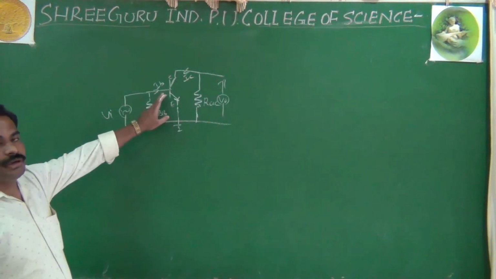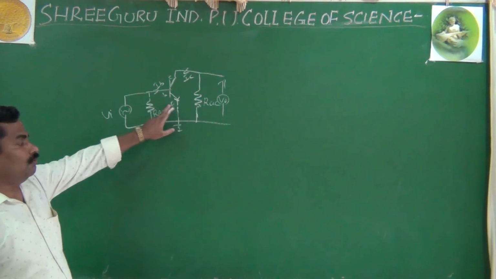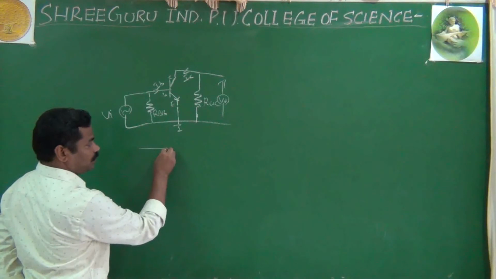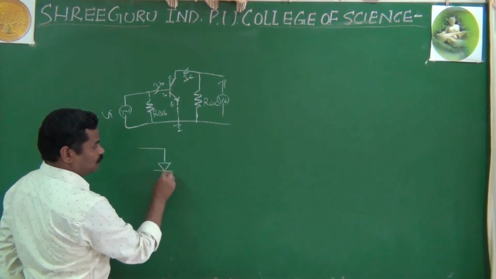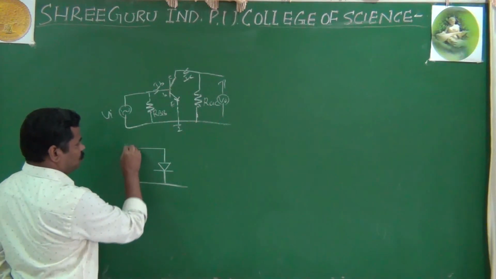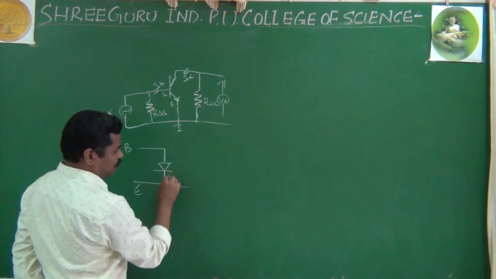You have to write the transistor equivalent circuit. As I said, in the transistor equivalent circuit the input side, the emitter-base section, acts as a forward bias diode. So this is your base, this is your emitter, and here this is your diode.